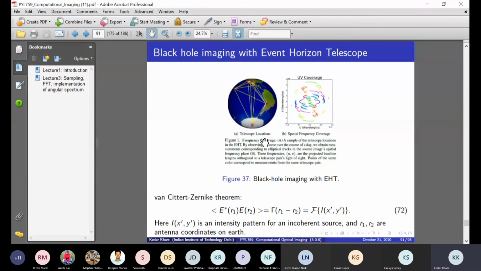There are some other scaling factors like lambda that I'm not including here, but essentially the vector R1 minus R2 decides a point in the Fourier space. So if you look at two antennas at a particular time, the locations R1 and R2 create a vector R1 minus R2, which is directed in Fourier space at some location.